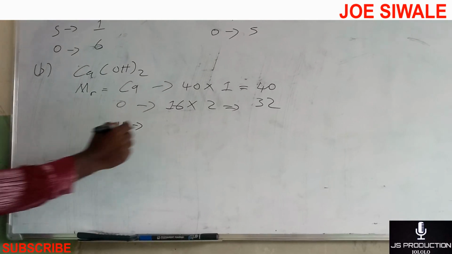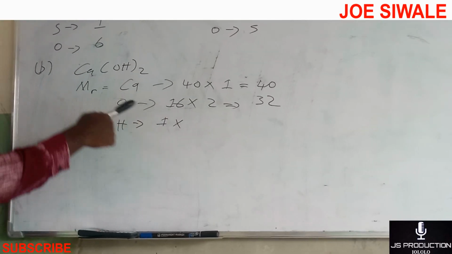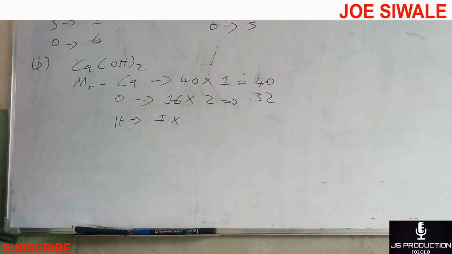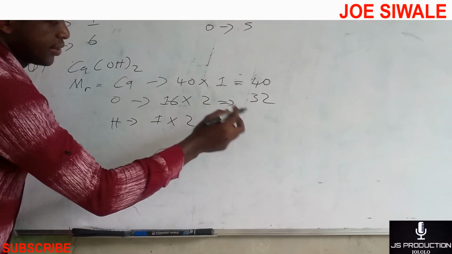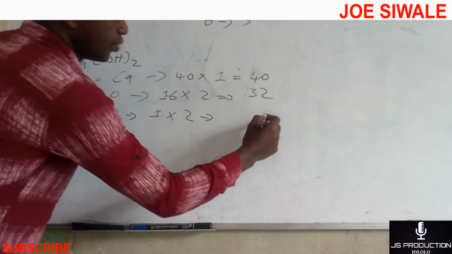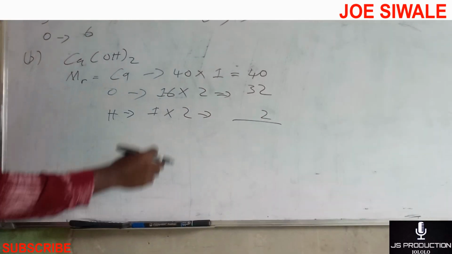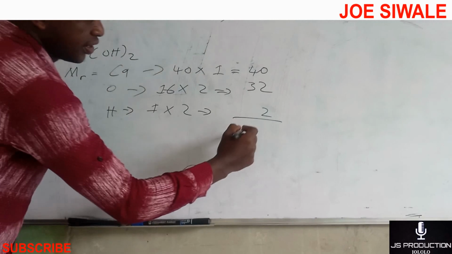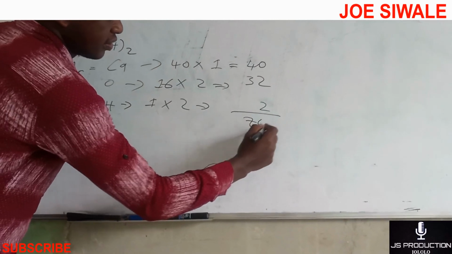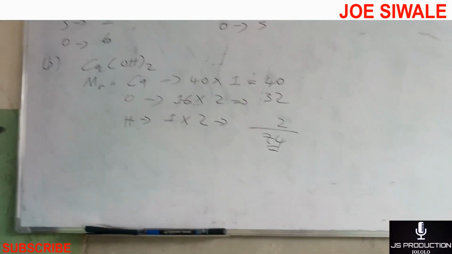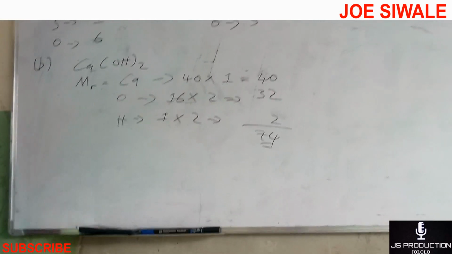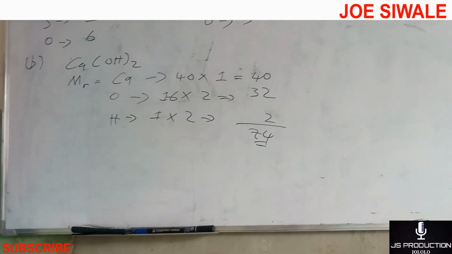The mass number of hydrogen is 1 multiplied by the number of atoms here for hydrogen, which is 2. So this will be 2, and adding this will give me 74. So this is the relative formula mass of calcium hydroxide.